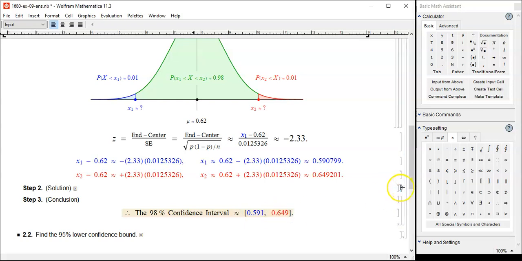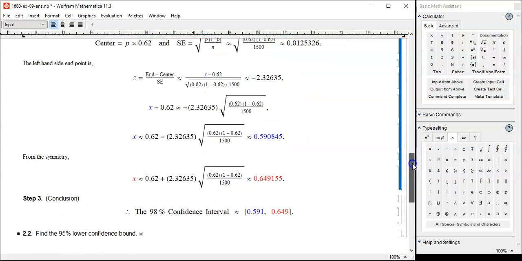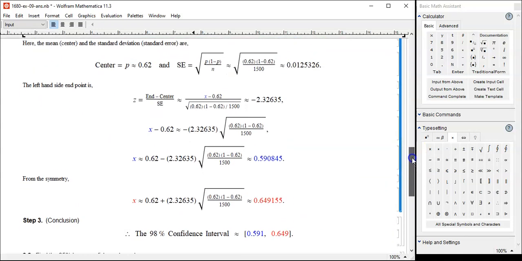And as for the solution, yes, I'm using a little bit more precise computation using a computer algebra system. I used the z-table earlier and got 2.33, but a little bit more precise figure turns out to be 2.32635 something.